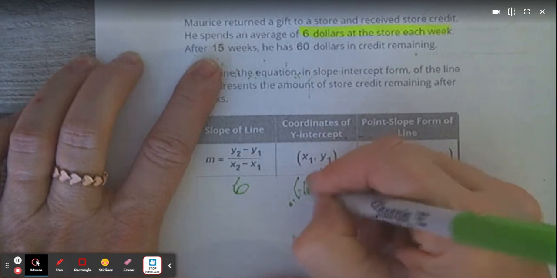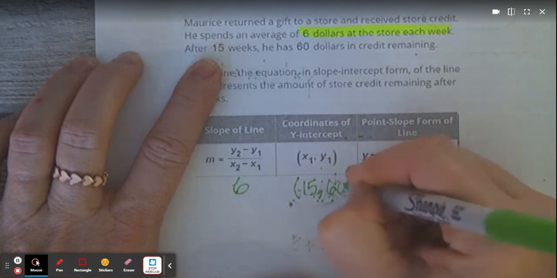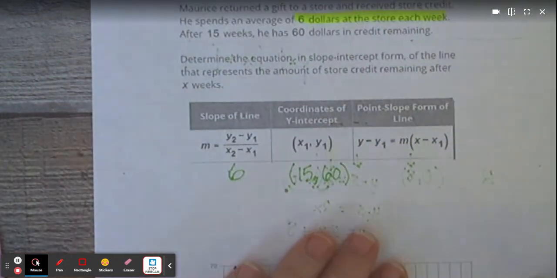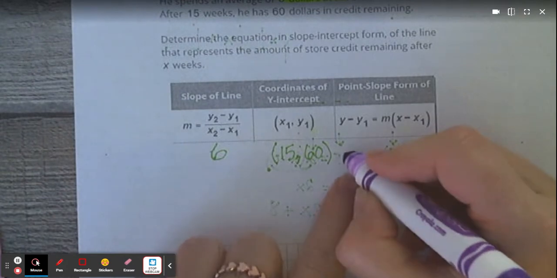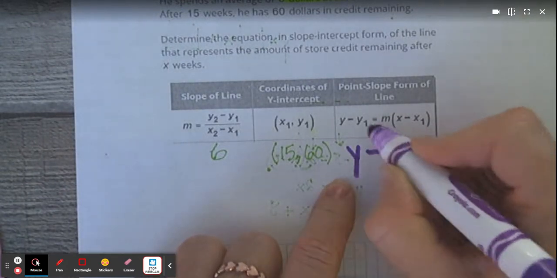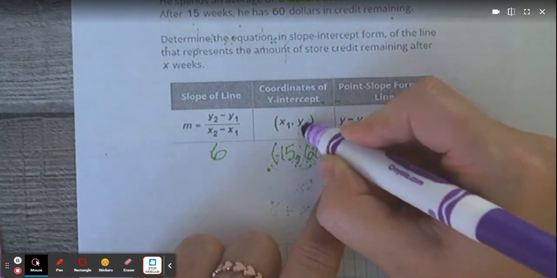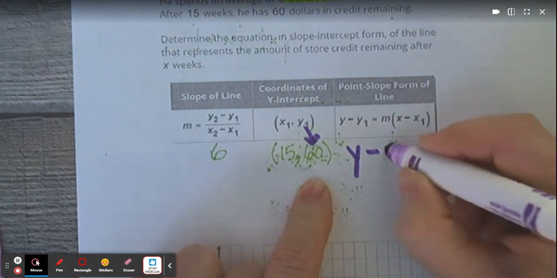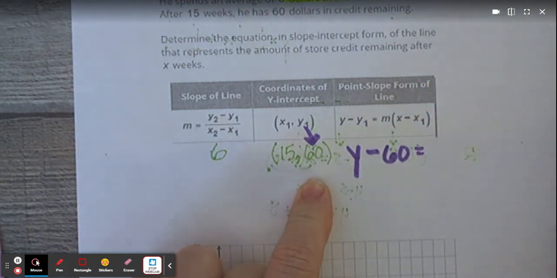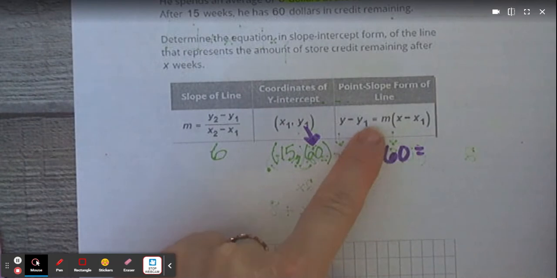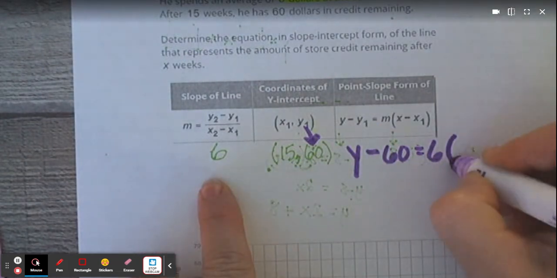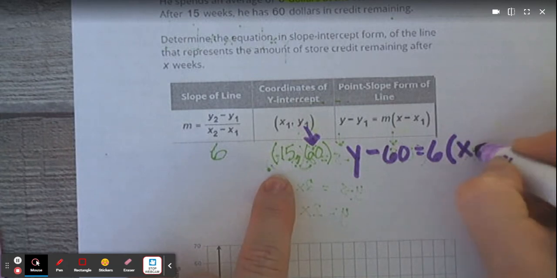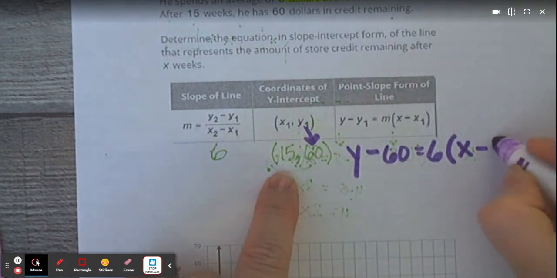So that's our ordered pair that we're going to use, 15, 60. Okay. So then we are going to plug into this formula. So we have y minus, now we need y1. So we go over here and we figure out what y1 is, and that's 60, equals, now we need our slope. Our slope is 6, and then x minus our x1, which is 15.